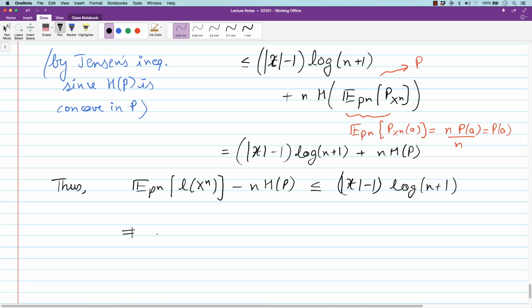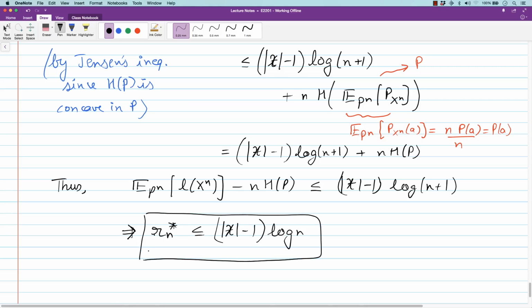And one thing we get out of this is that the best scheme that we are looking for is at most this much. Okay, that's for the best scheme, and we have given a particular scheme which is here. One final remark here is that again, this can be improved by a factor of half, but no more. So (cardinality of X minus 1)/2 times log(n+1), this is actually tight. Okay, so this scheme is almost optimal. It's optimal actually for the first order term.